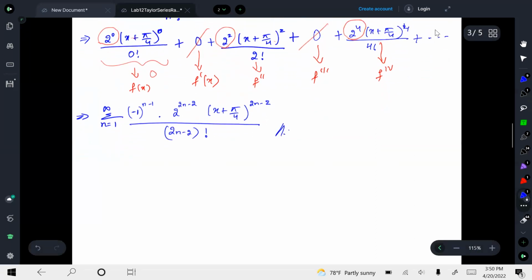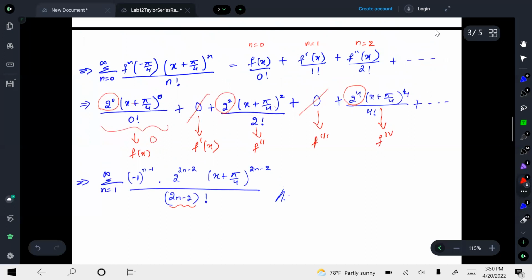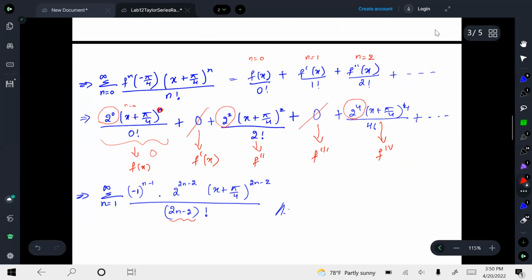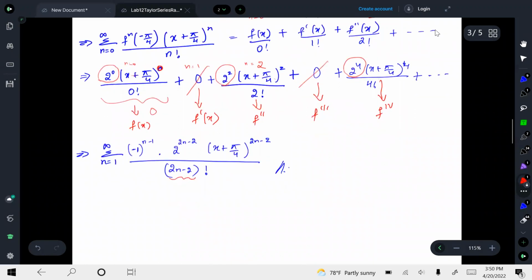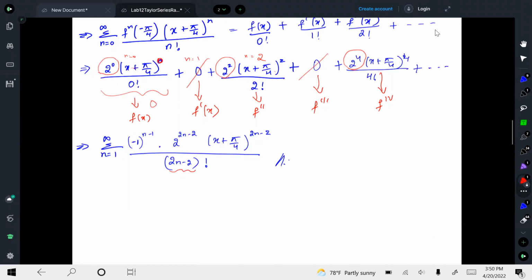Okay, so why did I get 2n minus 2? That's because if you observe here carefully, for n equal to 0, we got to the power of 0. That's fine. But for here, this is for n equal to 1 and n equal to 2. Now, if you plug in the same n equal to 0, 1, and 2 here, you have to get back the same series.